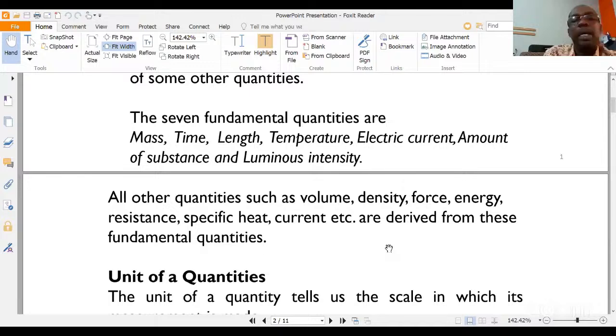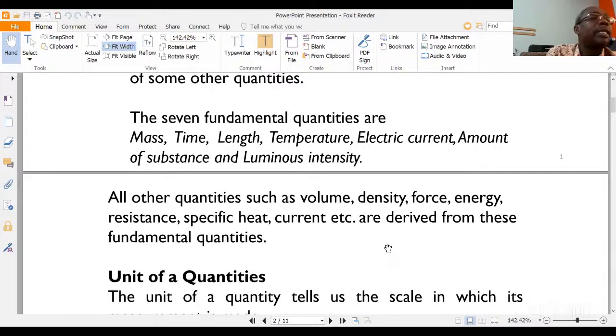They are then referred to as derived quantities. Any other quantity that is not part of the fundamental is a derived quantity. You can look at the screen and see a number of them. There are so many. We cannot list them all.